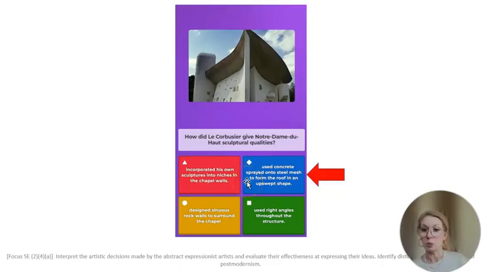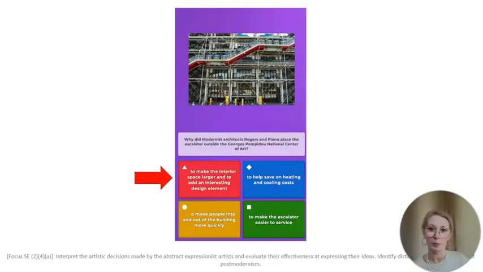He used concrete sprayed onto mesh steel to form a roof in an upswept shape. Again, when you look at the picture, the answer becomes obvious. Okay, so this is the Pompidou in Paris. Why did modernist architects Rogers and Piano place the escalator outside the Pompidou Center of Art? To make the interior space larger and to add an interesting design element, and it definitely does.